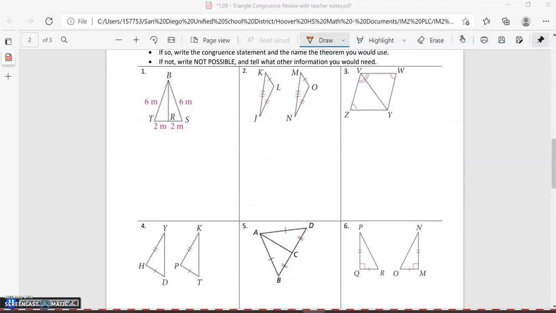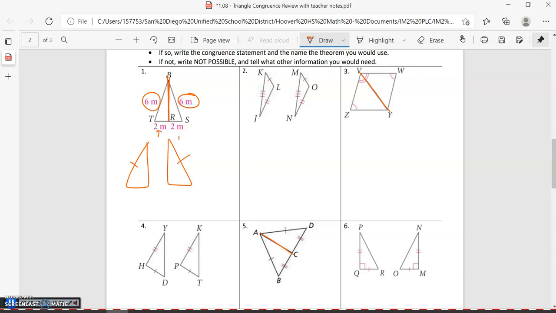I'd like to bring up a couple of things down here. So if we notice question 1, 3, and 5, and there's a few more actually on the next side of the sheet. These two triangles on all these three questions are sharing a side. So what you need to realize is if we wanted to, we could break these two triangles up, and we have a 6 and a 6, so we know those are congruent.